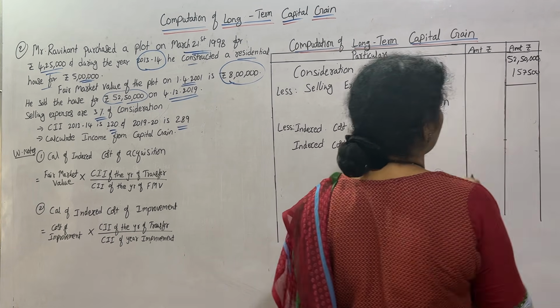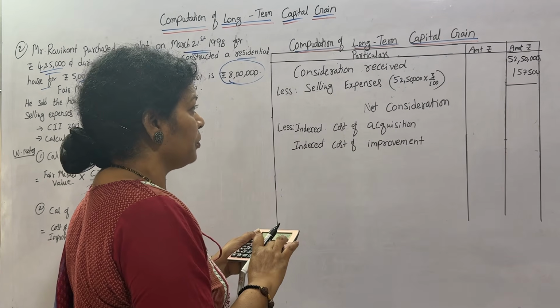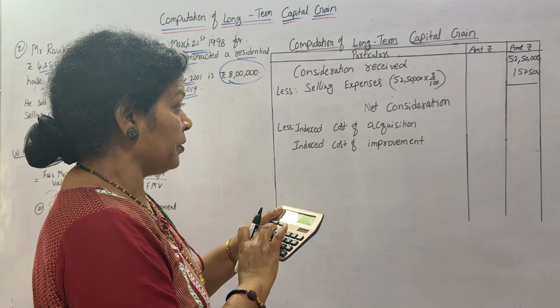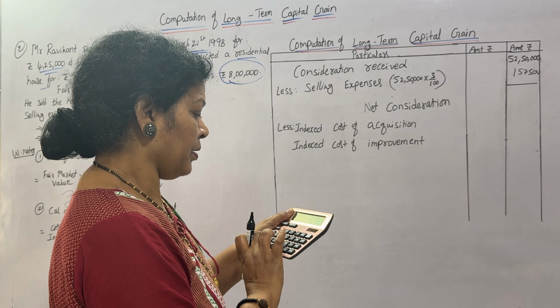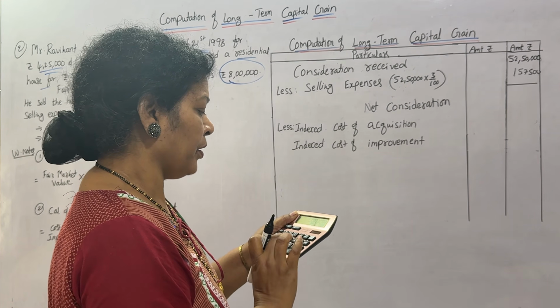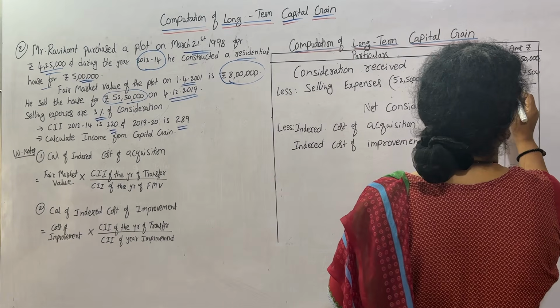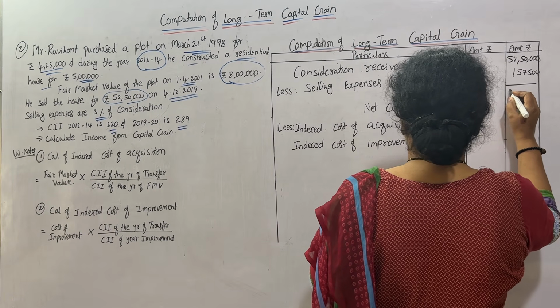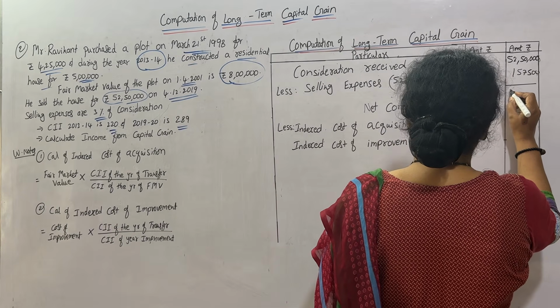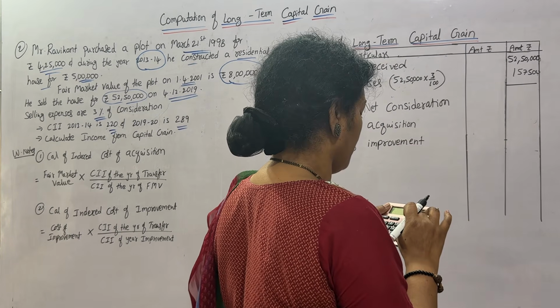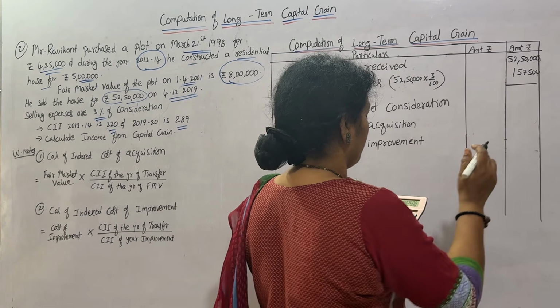If we deduct it, you will get the net consideration. So this is 52,50,000 minus 1,57,500, which comes to 50,92,500.